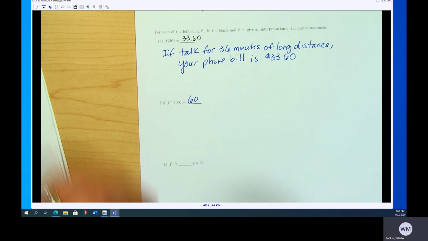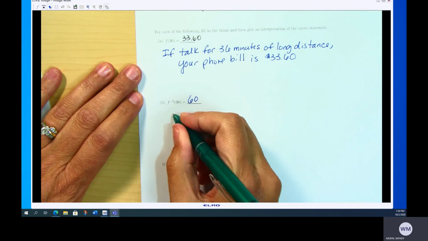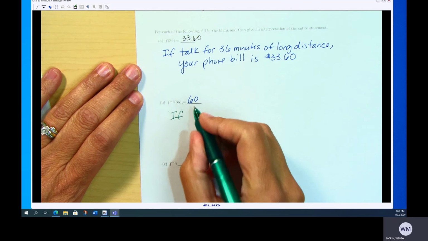Well, again, this is what we're being given. So it's saying that the opposite of this here.